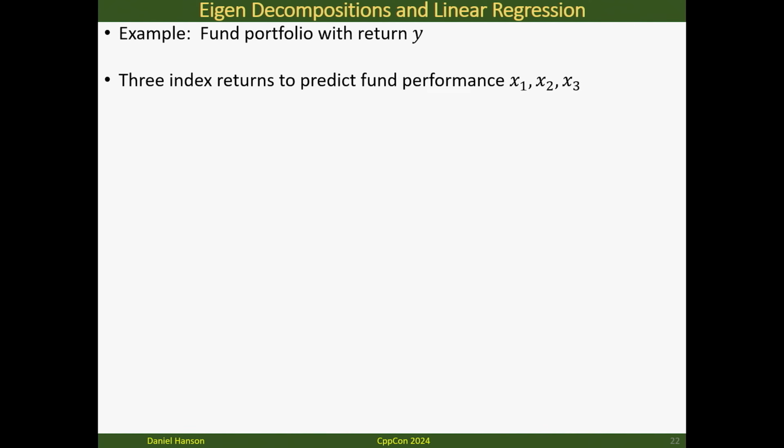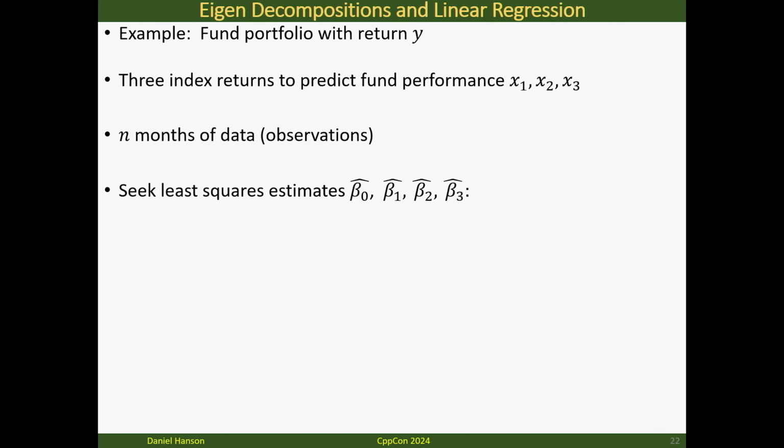So there's a common exercise in finance where you have a portfolio and you want to look at the sensitivity of the portfolio to, like I say, these published indices. So we'll say we have n months of data or observations. And the way we do this is we're going to run a regression, where we seek the least squares estimates, beta 0 hat through beta 3 hat, that gives us our linear regression equation.